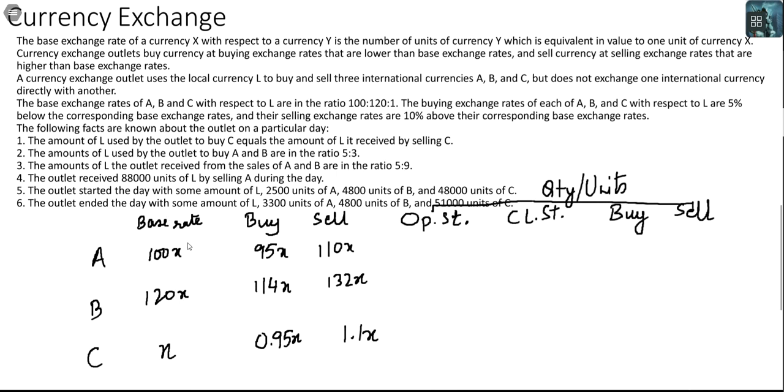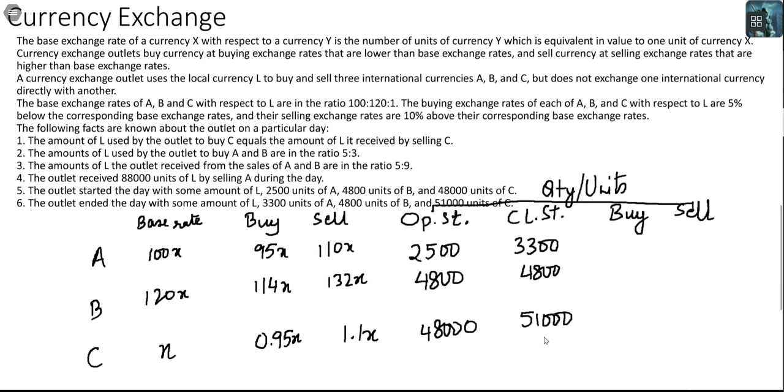This here is the rates. So buy here and sell here are different. I started off with 2500 units of A, and the closing stock is 3300. Fine. Here I have 4800, and here I also have 4800. Here I have 48,000 in the beginning, and 51,000 in the end.